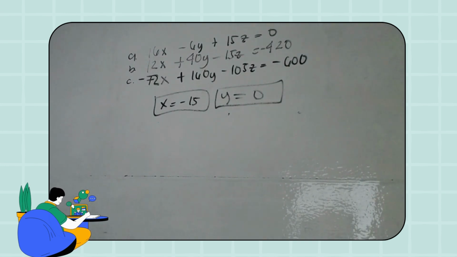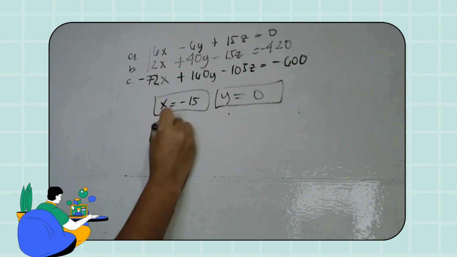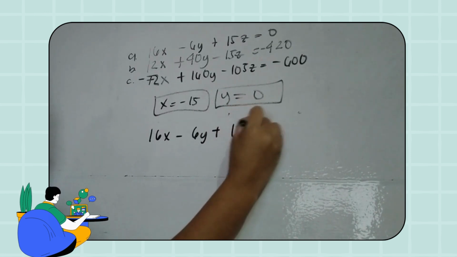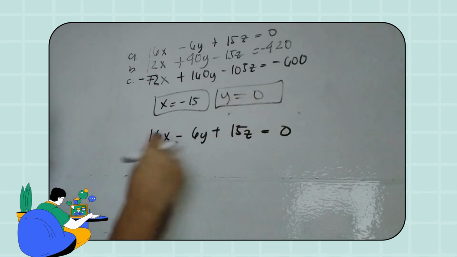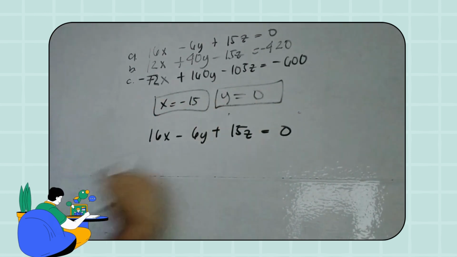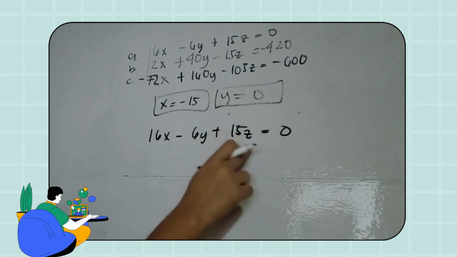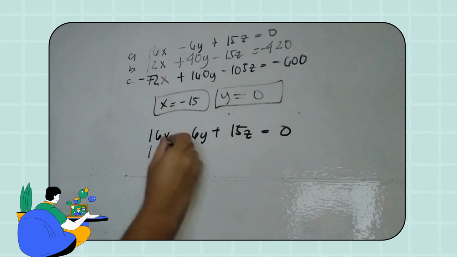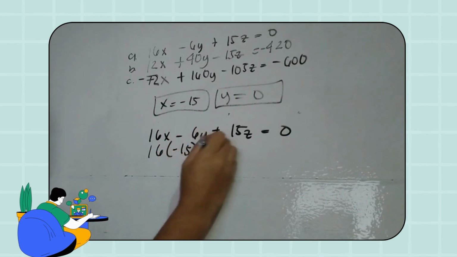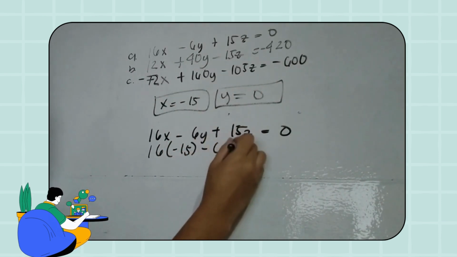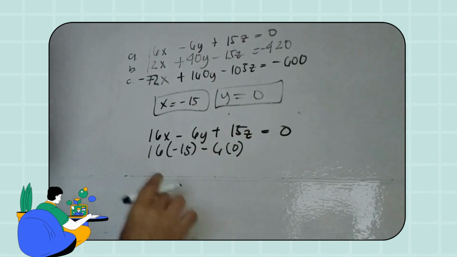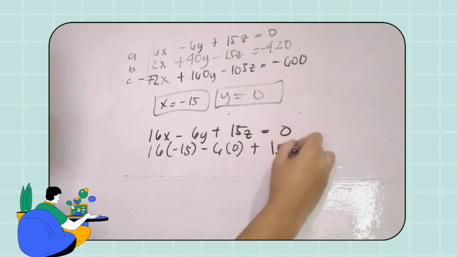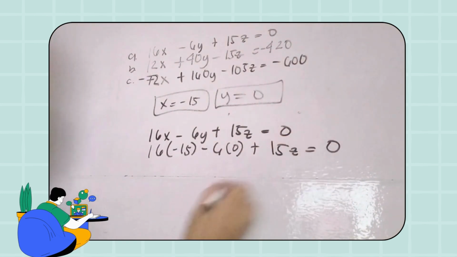This time we will use the equation A. So we have here 16x minus 6y plus 15z is equal to 0. Let us substitute the values of x and y in this equation in order for us to find out the value of z. So we have 16x, which will be replaced with negative 15, 6y, where y is replaced with 0, plus 15z equals 0.